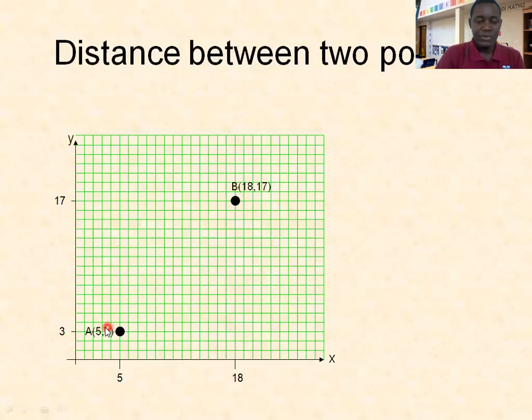Of course, (5, 3) means that 5 is the value on the x-axis, and the 3 is the value on the y-axis. And for the second point B, we have the x value as 18 and the y value as 17.